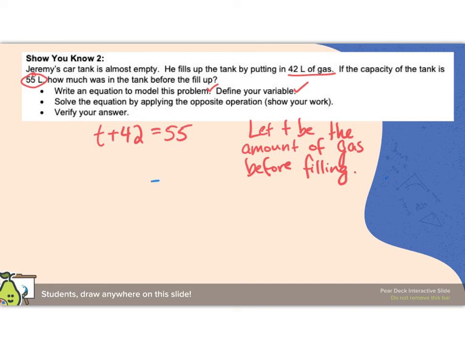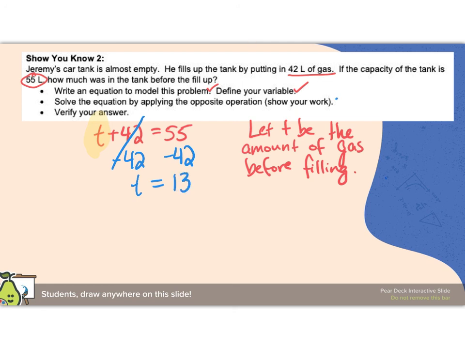So putting my equal sign right underneath and then highlighting my variable. So to get T by itself, the only thing on the same side of the equal sign is that plus 42. Opposite of plus 42 is negative 42. So that will get rid of that, but I also have to do it to the right side. So now if I take a look, the only thing on the left side is that T, and on the right side, 55 minus 42 is 13.